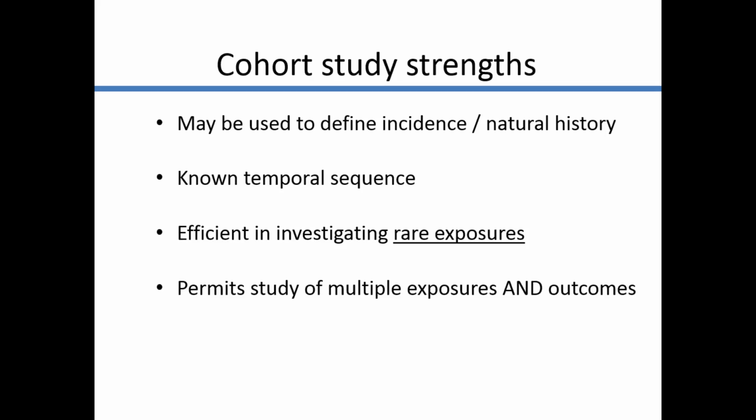before the outcome. If you have a rare exposure, the cohort study is strong in the sense that, let's say you believe that people exposed to a certain chemical who work in rubber manufacturing, and you feel that there's a risk involved.